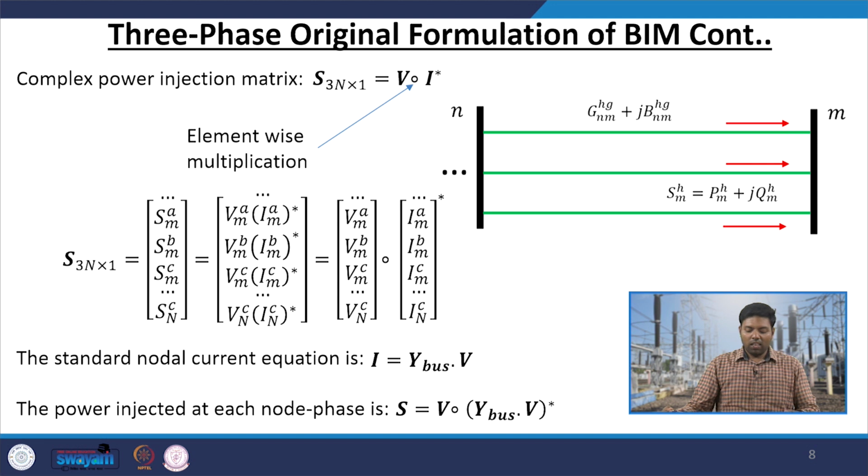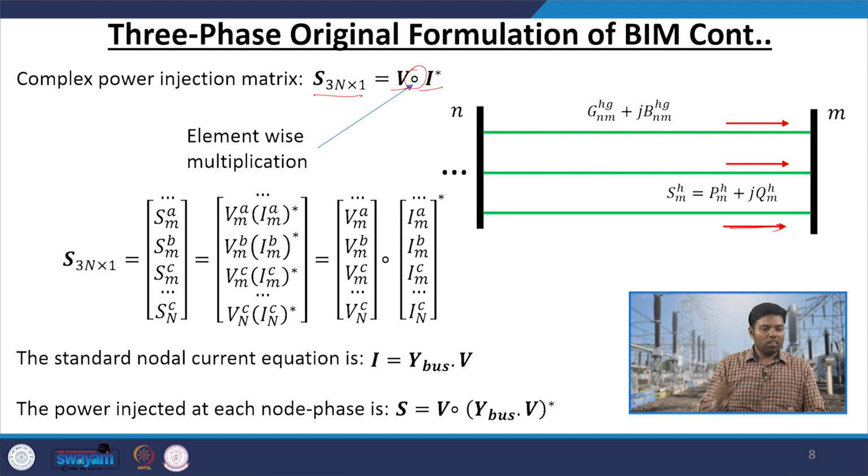Now, with this, if we see the complex power injection, that means how much complex power we are injecting to the bus number m, the power is voltage multiplied with the complex conjugate of the current I. That means V multiplied with I star, and that multiplication is actually element-wise multiplication.